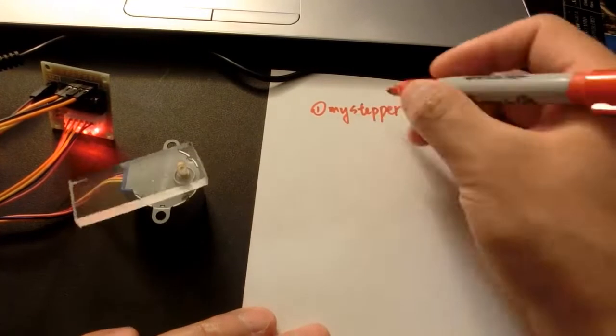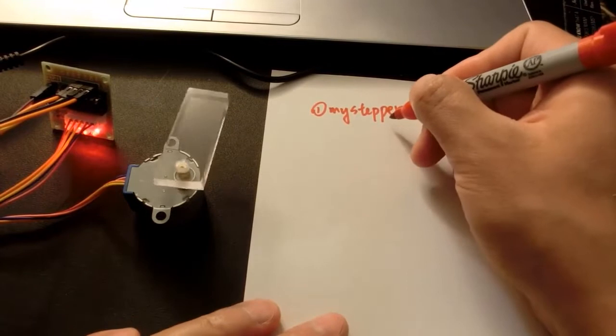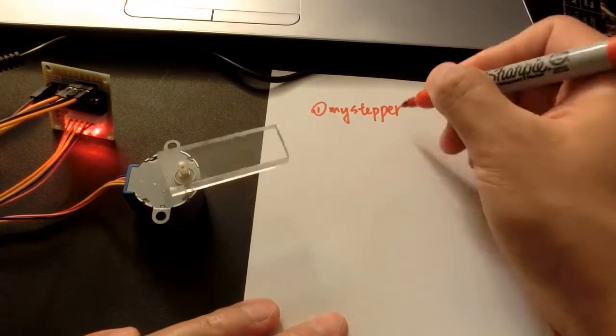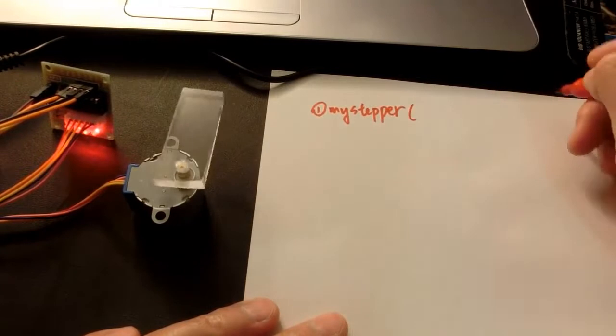So let's just treat this as an object right now, and you can see that there are several parameters inside.